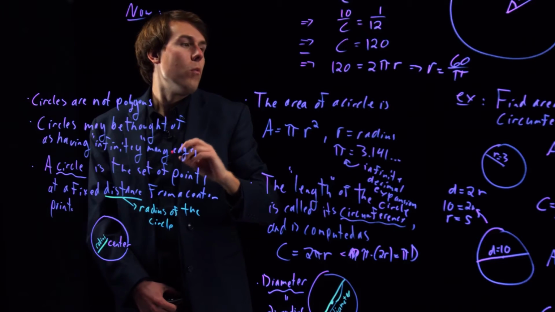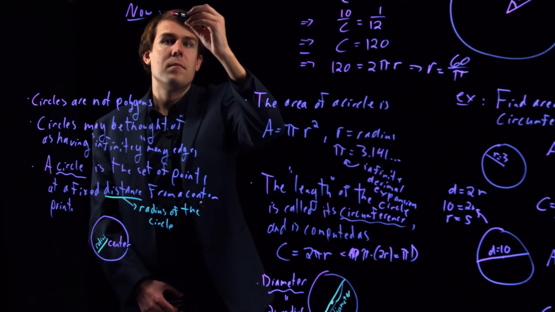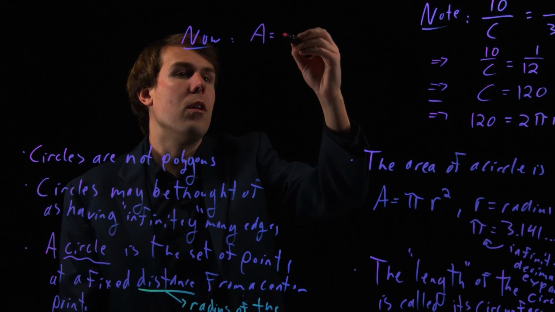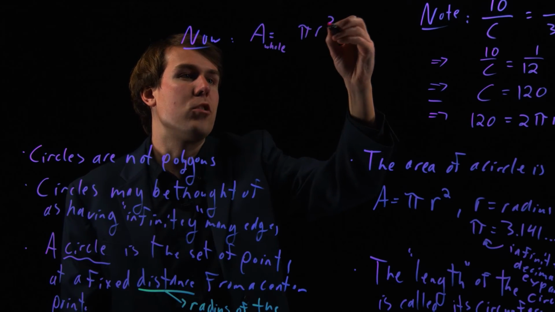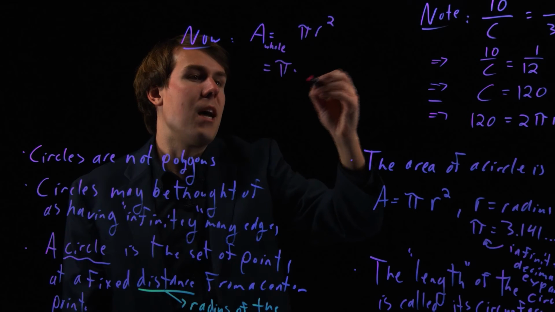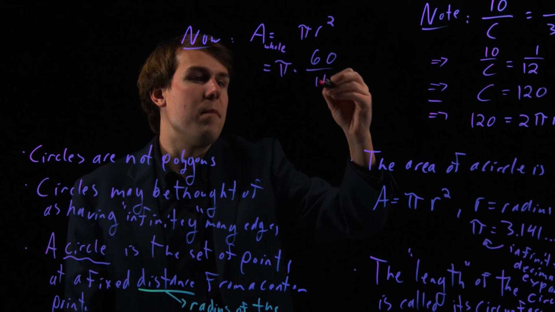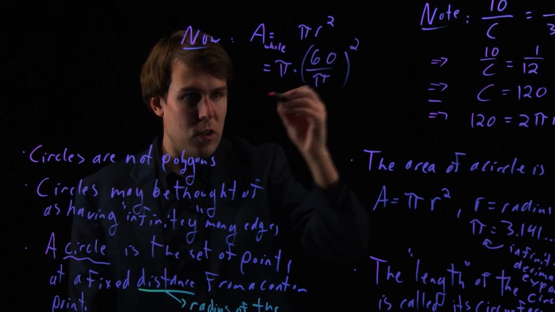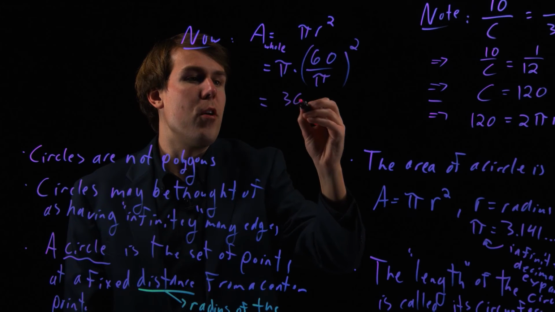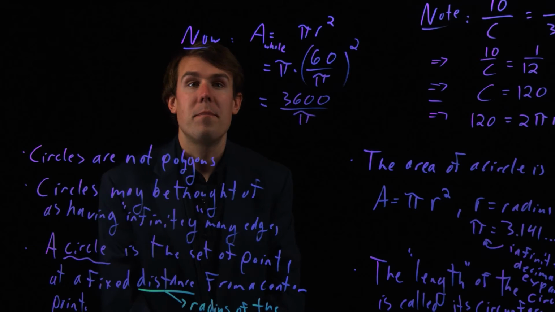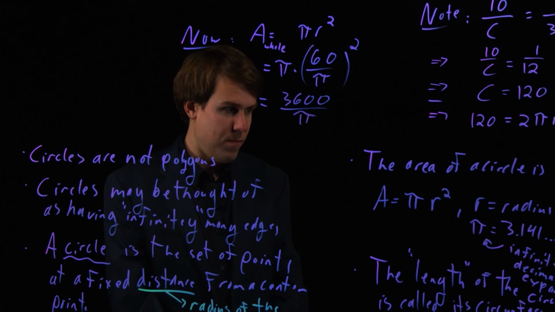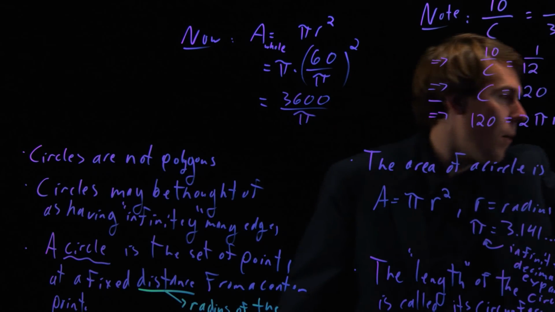So now we know that the area of the whole circle is equal to pi r squared. So pi times 60 divided by pi, quantity squared. So 3,600 divided by pi is the total area. And now I can conclude. Now I can use this formula here.